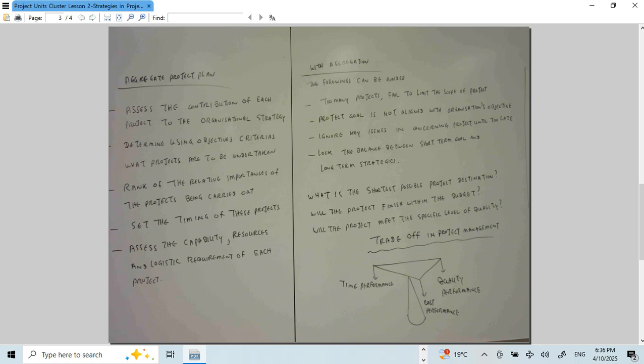And the second one is that you also use objective criteria. How projects are to be undertaken has to be determined using objective criteria. What projects are to be undertaken?